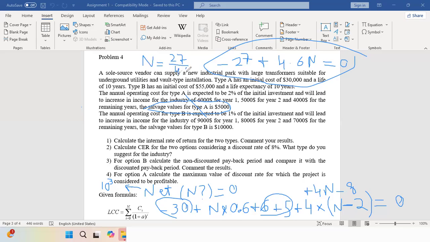Professor, this is for the non-discounted payback period? Yes, non-discounted payback period, for option A. But do we count the costs in the yearly cost? We considered the costs. Yes, we have 2% of the initial investment for type A. In dollars, that's $600. But we took 30,000 and divided by 1,000.